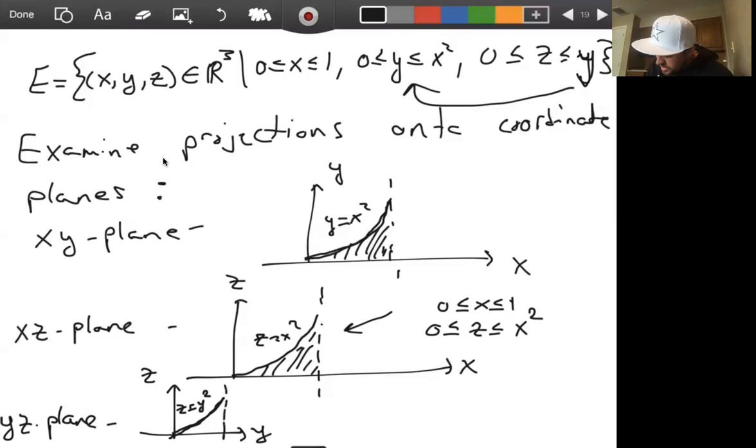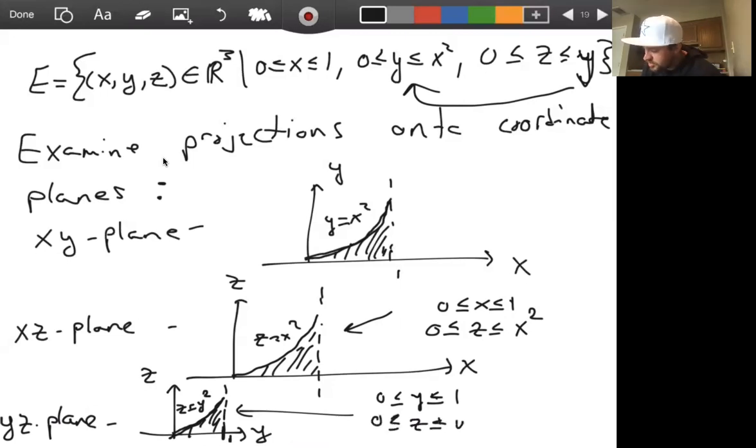And then that is at y equals 1. And so here, our yz region is y is between 0 and 1, and z is between 0 and y squared. Again, kind of just by chasing our bounds around to whatever variables are in consideration.